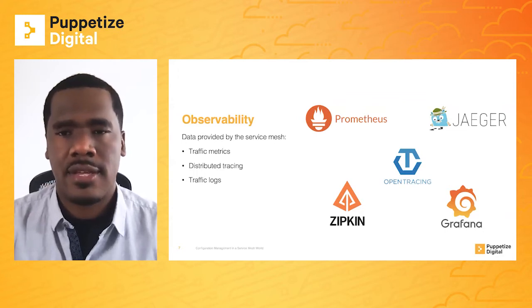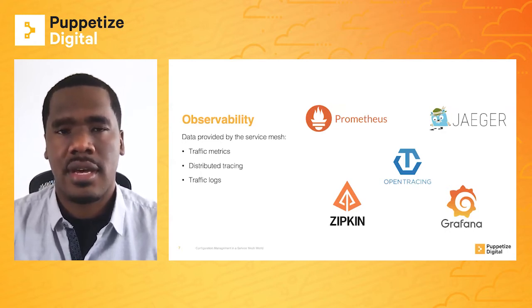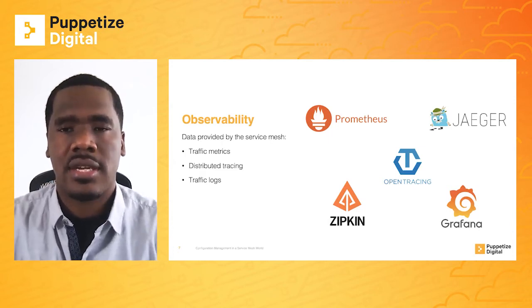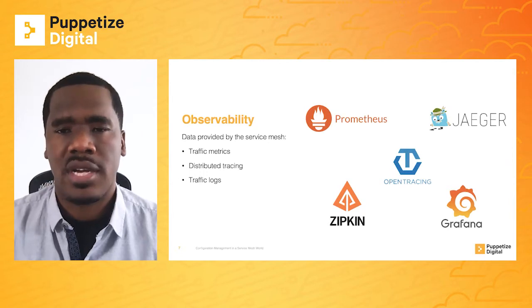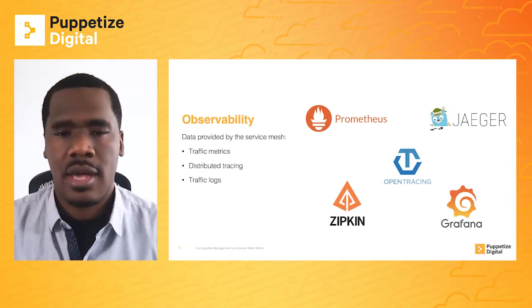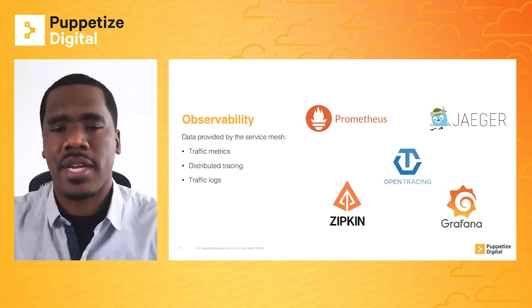And so that means there needs to be a change in the code of the application in order to take advantage of that. But the advantage of a service mesh is that you're able to do that without actually instrumenting an application, because the service mesh has visibility into the network. And so it can see the request from service to service and provide that visibility. A couple of others are Zipkin as well as Grafana to be able to bubble up information.